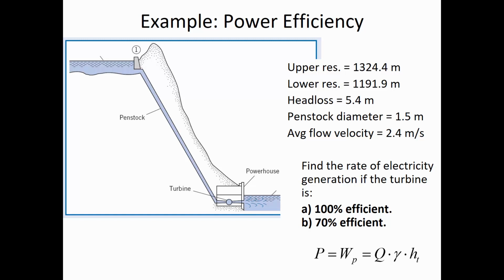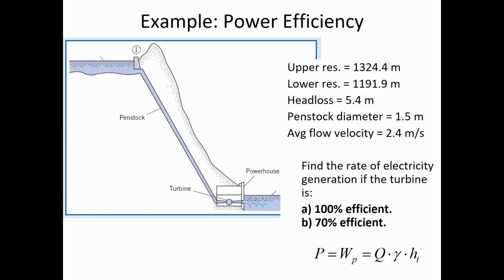All right. So what we are using as location 1 is the upper reservoir, and location 2 is the lower reservoir. There's going to be no pressure at either location because it's open to the atmosphere.